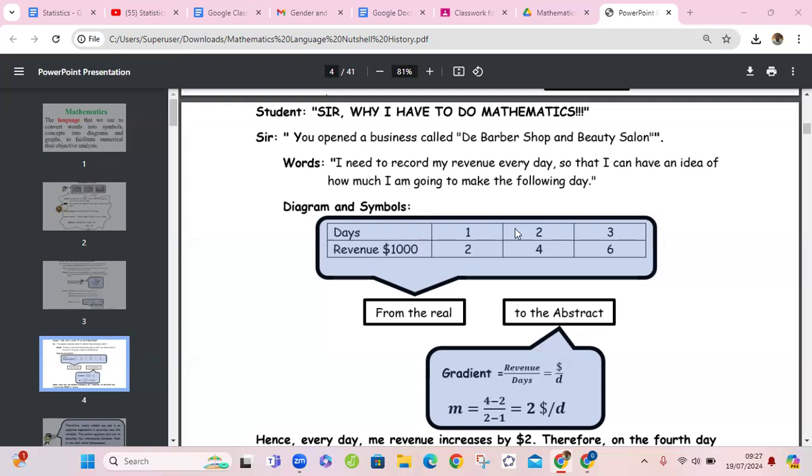Now, what you can do now, you can actually plot this. You can actually create a graph with that. Okay, and you can calculate the gradient. And then you realize now every day your revenue is increasing by $2,000.